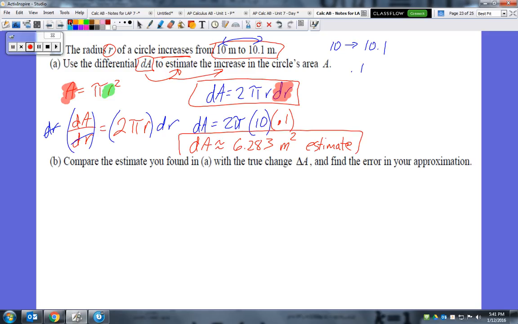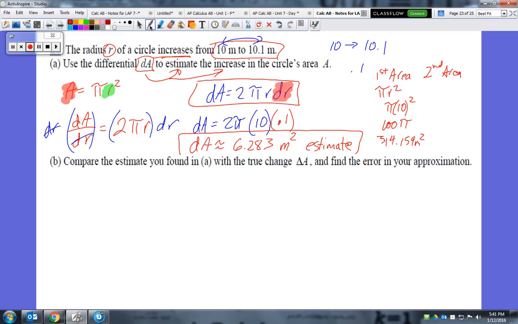Now, if I were to actually do this manually, the first area is, again, pi r squared. It'll be pi times 10 squared, so it's 100 pi, which is about 314.159.